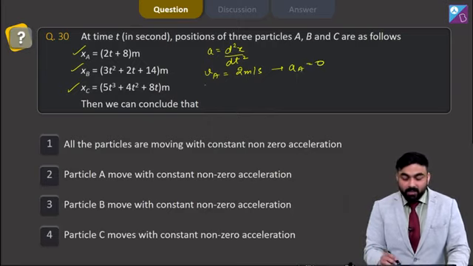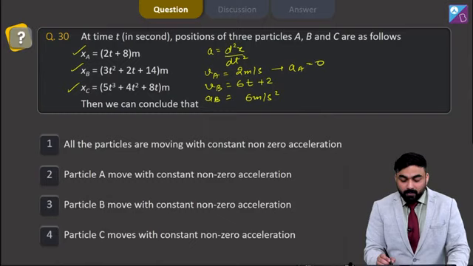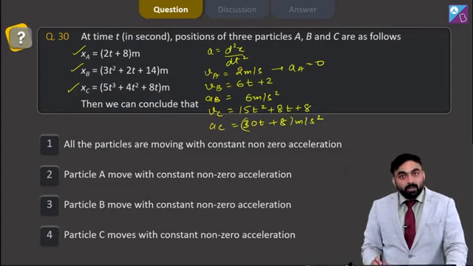For particle B, vB is equal to 6t + 2, and then aB will be equal to 6 meter per second square. For particle C, vC will be equal to 15t² + 8t + 8, and then aC will be equal to 30t + 8 meter per second square.